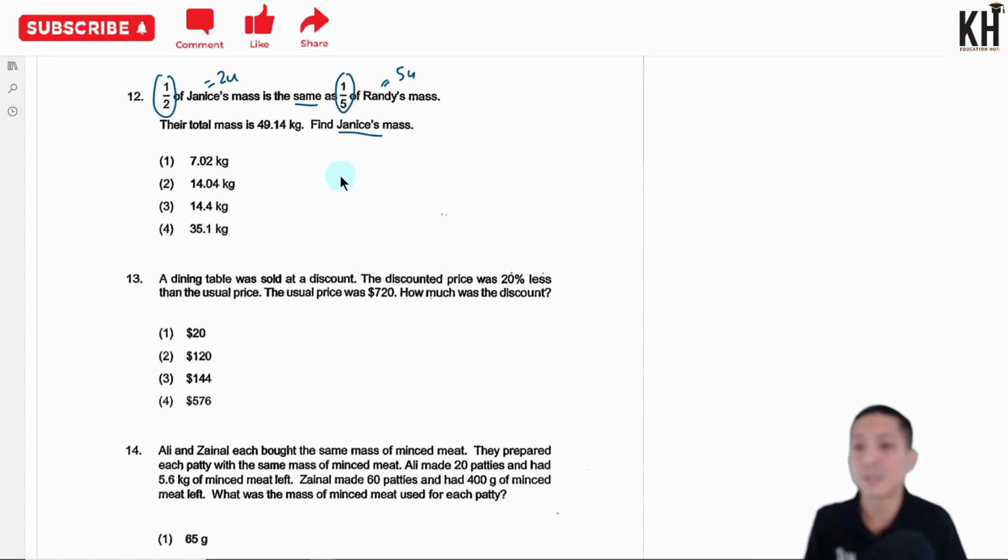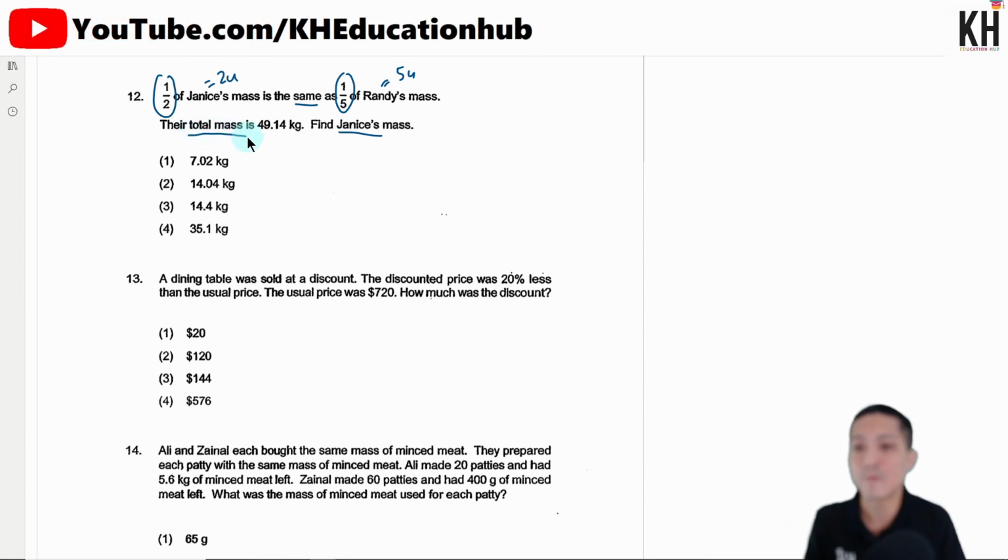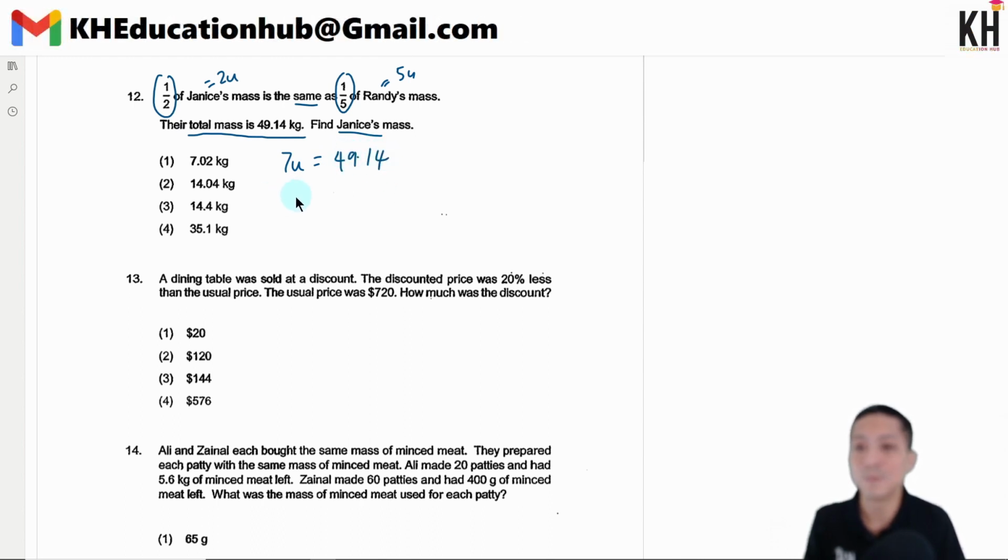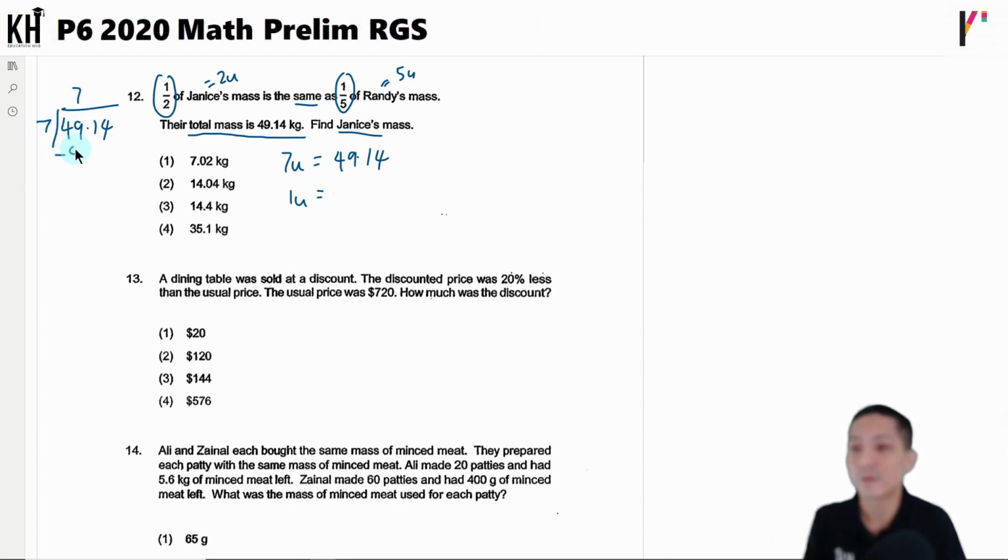So straight away we know that since their total mass is 49.14 kg, 7 units is equal to 49.14. Jenny's mass is 2 units, so I'm going to find out what 1 unit is first. You can do your division over here. 49 minus 49 is 0, 1.